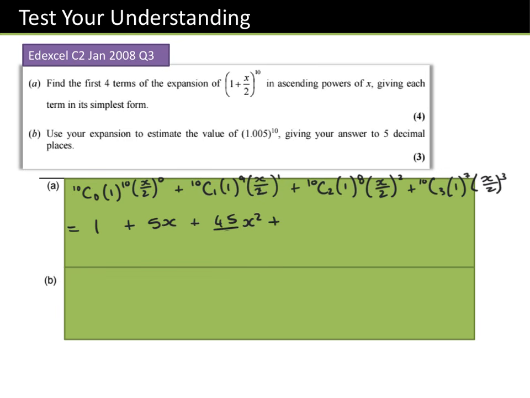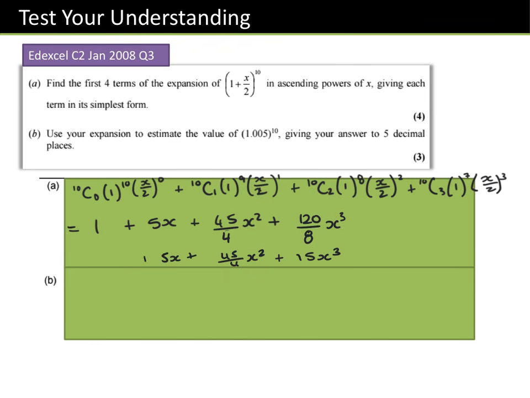It is over 4, because (x/2) squared is x squared over 4, plus 120 lots of x cubed over 8. Now 120 over 8 x cubed is going to simplify to 15x cubed. So now I've got them all in their simplest form.